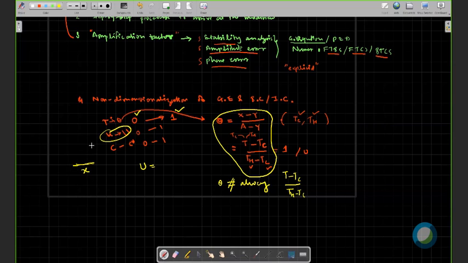You have some known velocity u, and some representative velocity in your domain, for example the maximum or average velocity given in your problem. Then you can define u infinity, and this u infinity should be given in the problem. You cannot take anything.